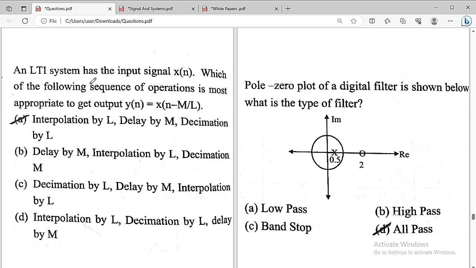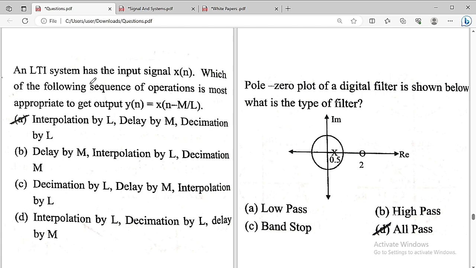What they are saying is very simple. If the input is x of n and the output is y of n equal to x of n minus M by L, then what operations do we need to do on x of n to get y of n?